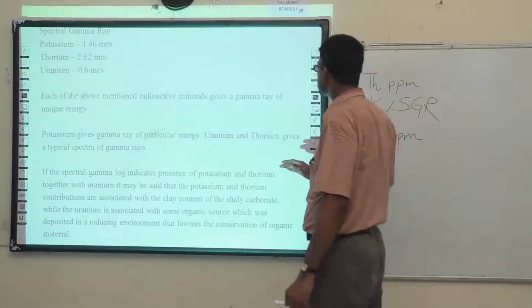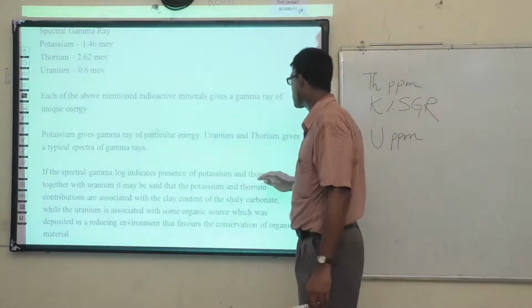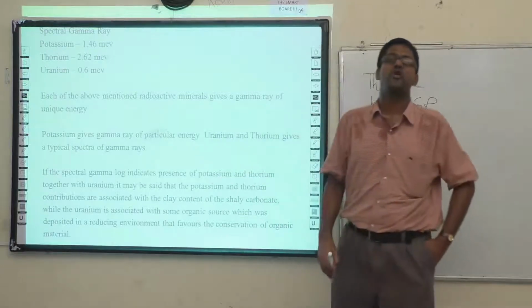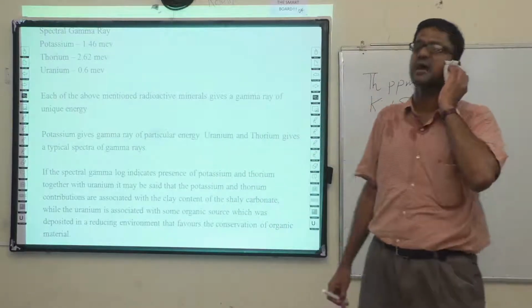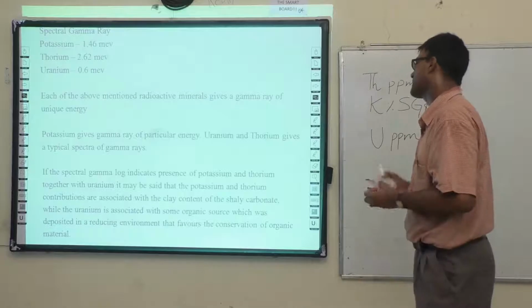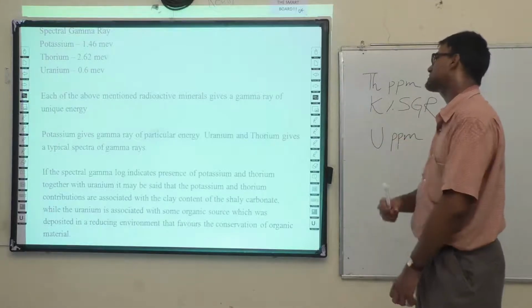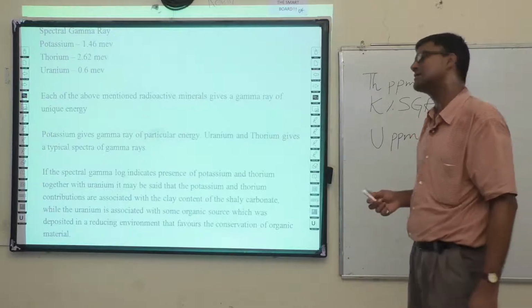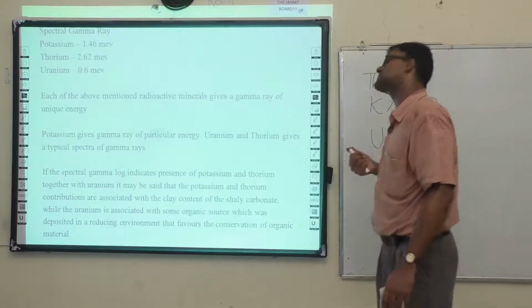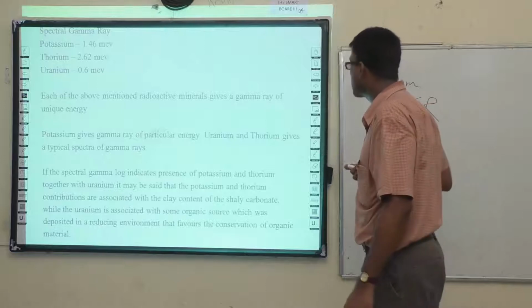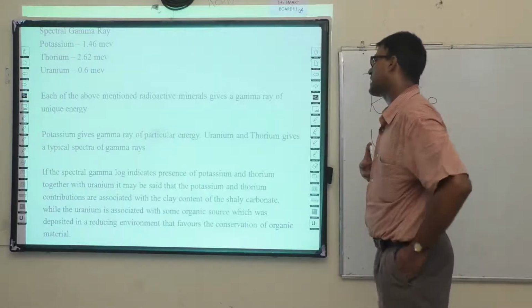So this is the reason why we consider only potassium and thorium, and we do not consider the contribution of the gamma ray by uranium, because potassium and thorium are associated with the clay content, whereas uranium is associated with some organic source.